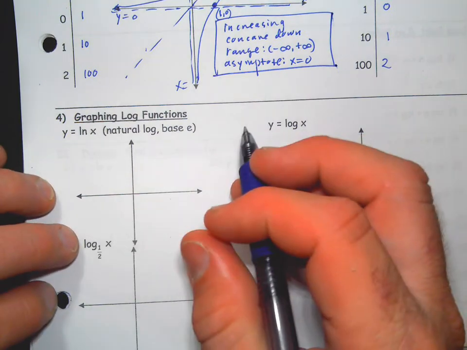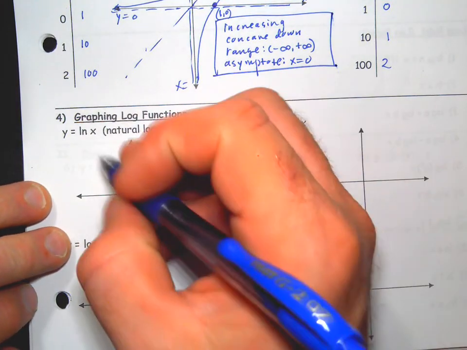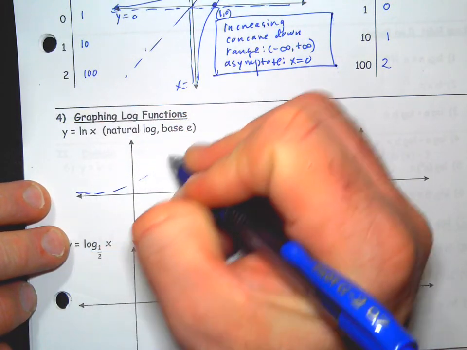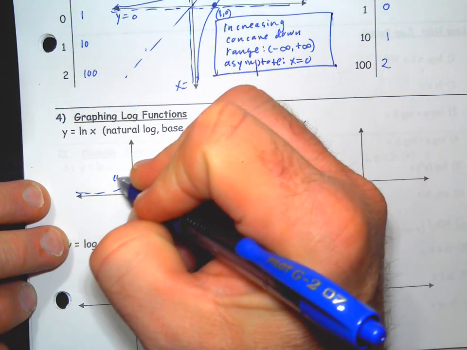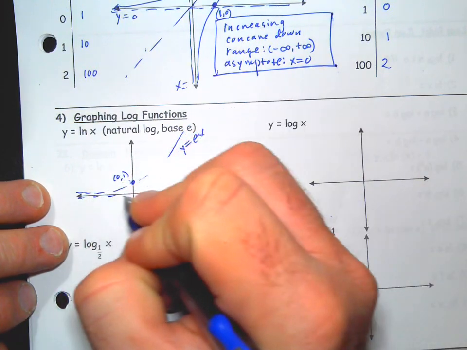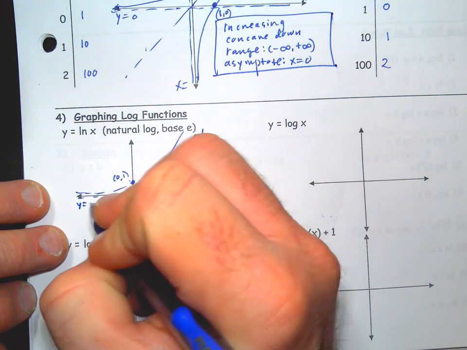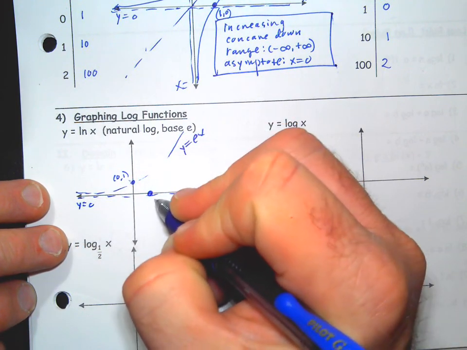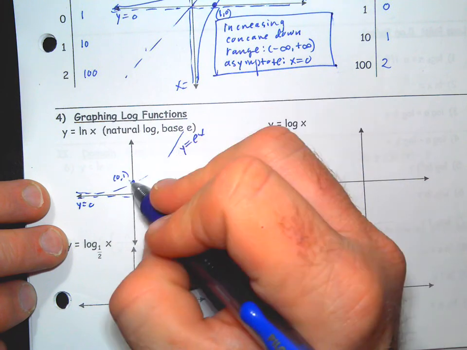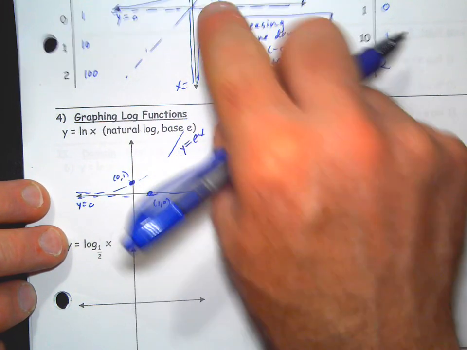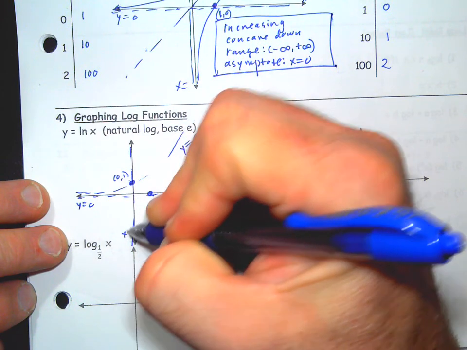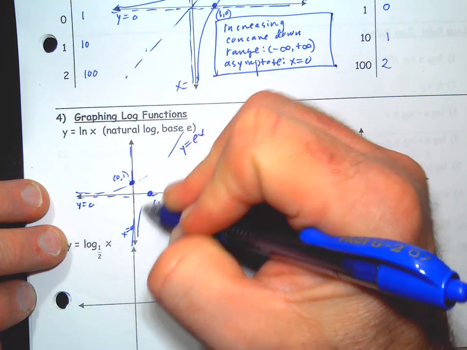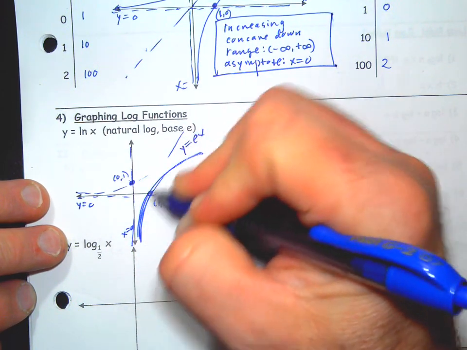Natural log is just log base e, so you could do y equals e to the x, which goes through 0, 1, with horizontal asymptote y equals 0, and then put 1, 0 instead. So instead of keeping track of the y-intercept, we're now keeping track of the x-intercept. The asymptote is x equals 0. So there you go.